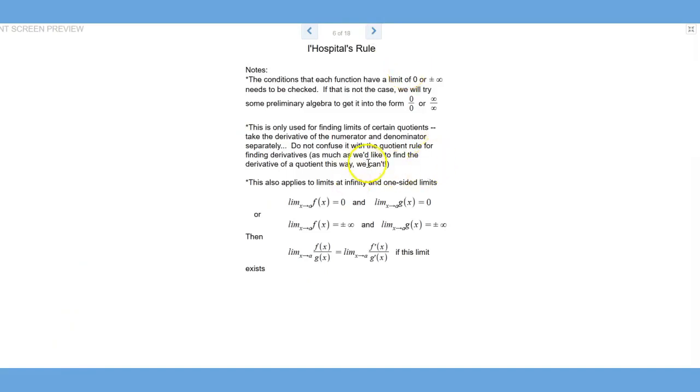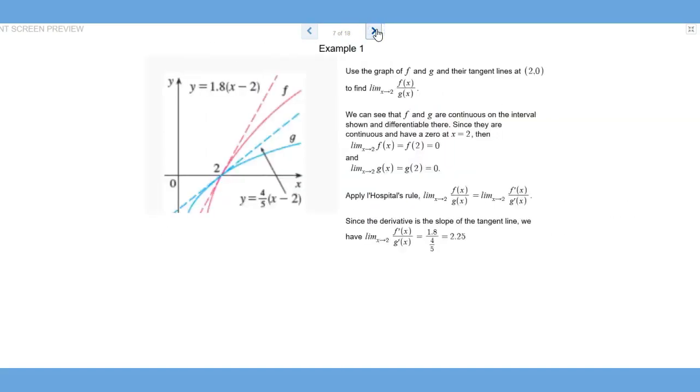It's only used for finding limits of certain quotients, again with those conditions of 0 over 0 or infinity over infinity. If we have a problem where the limit doesn't meet those criteria, we can do some algebra to put it into the form where it will be 0 over 0 or infinity over infinity, and we'll look at examples.